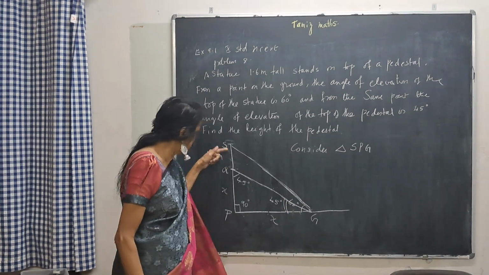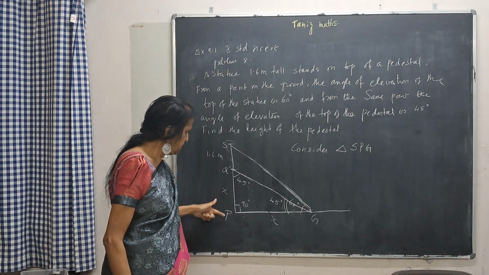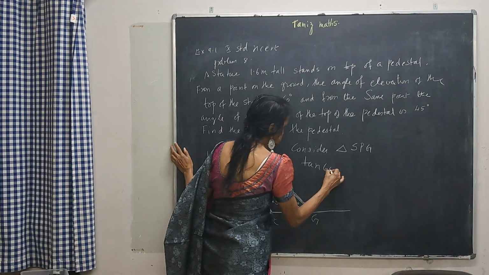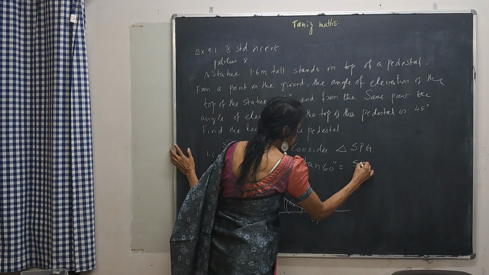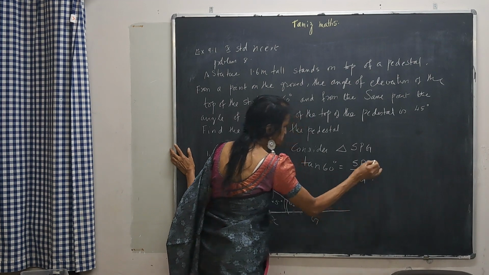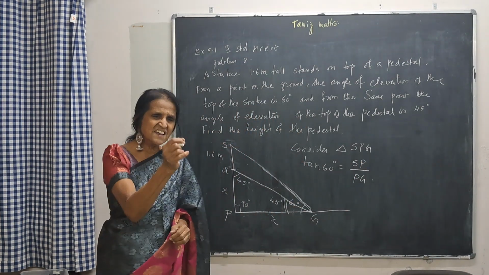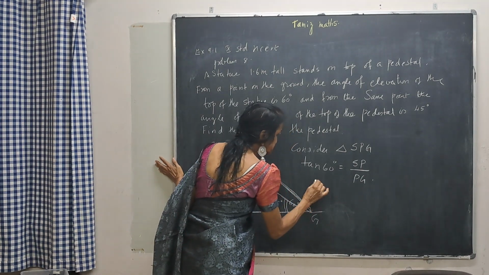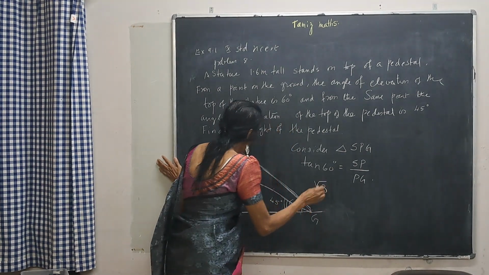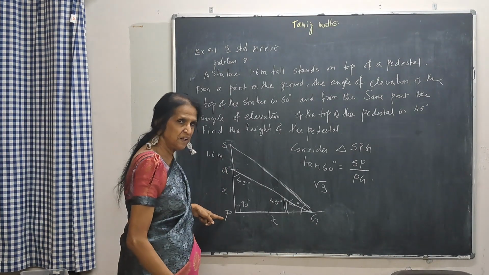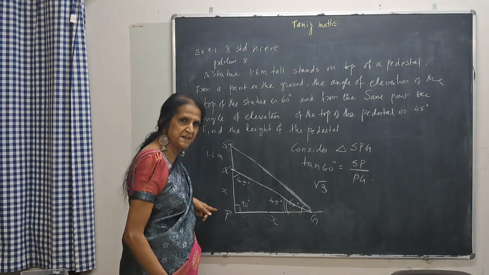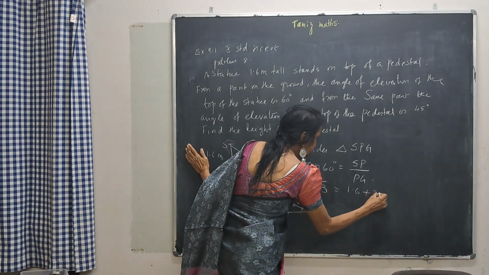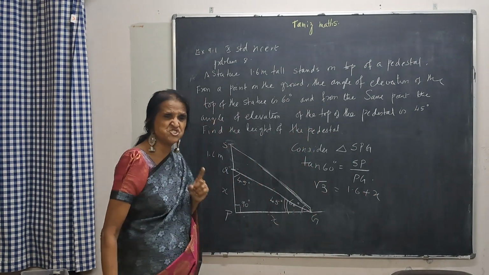So tan 60 will be SP by PG. What is tan 60? Root 3. Tan 60 is root 3. What is SP? 1.6 plus x. What is PG? That is also x.